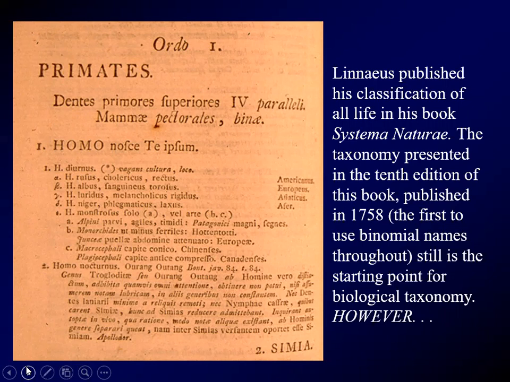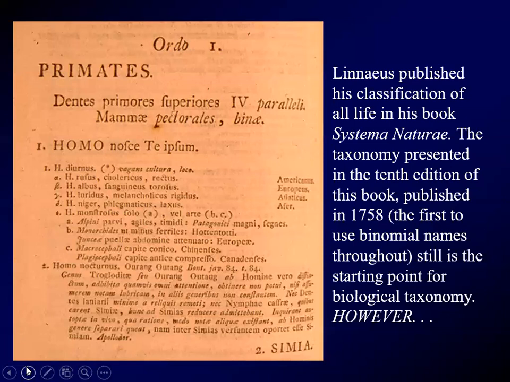And the first species, this is an earlier edition, his earliest species name was Homo diurnus, man of the day. And down below, you might be able to see Homo nocturnus, man of the night, which is what we now call the orangutan, and which is now in a different genus, genus Pongo.